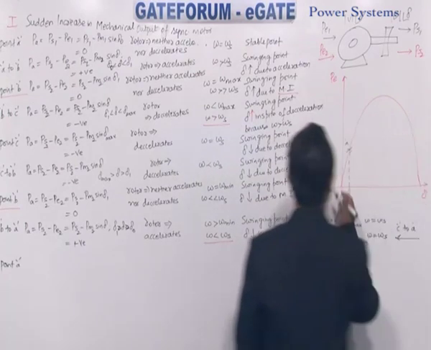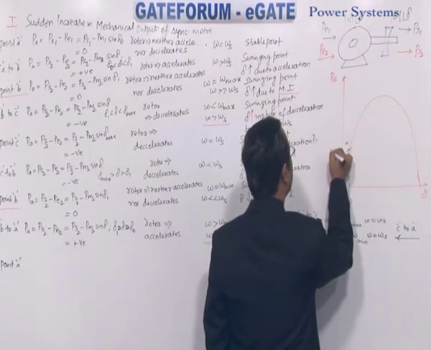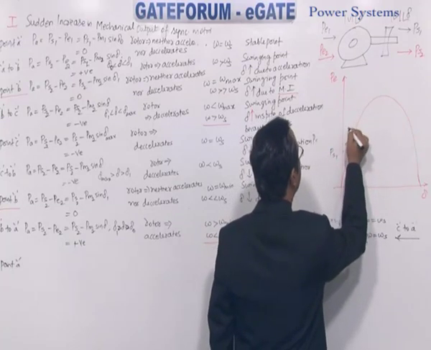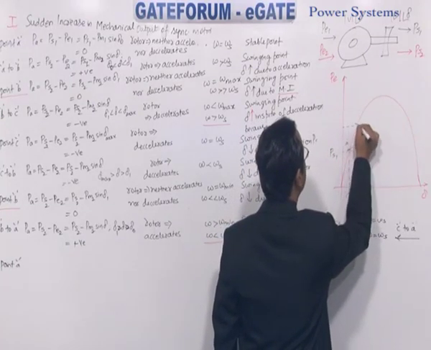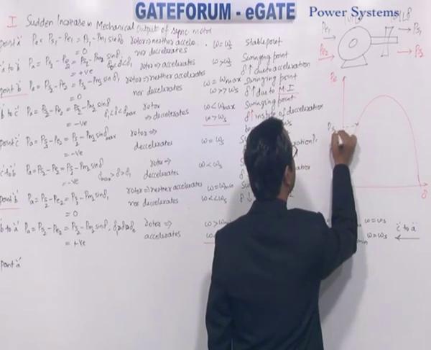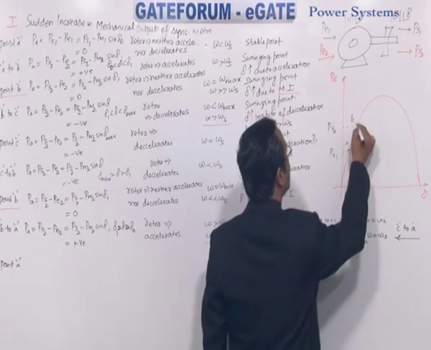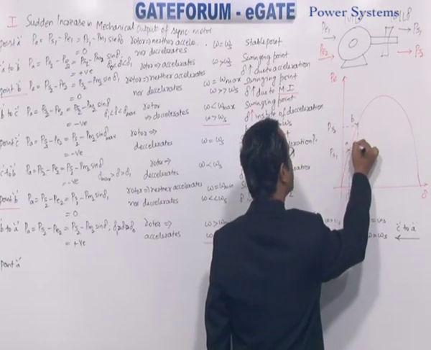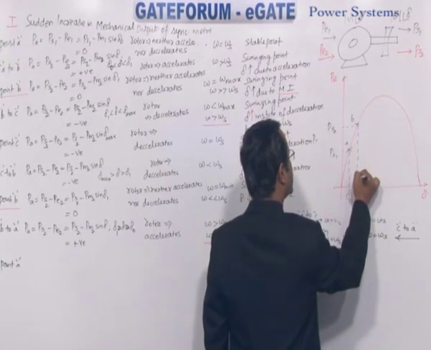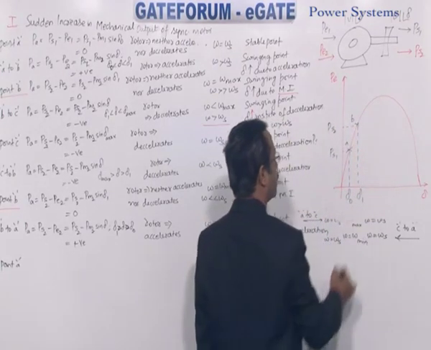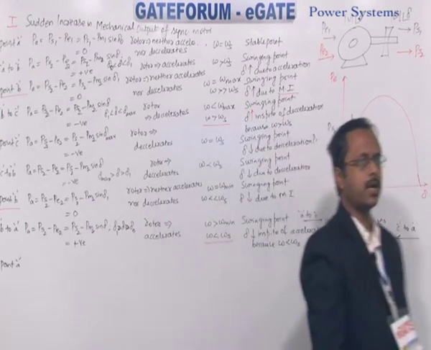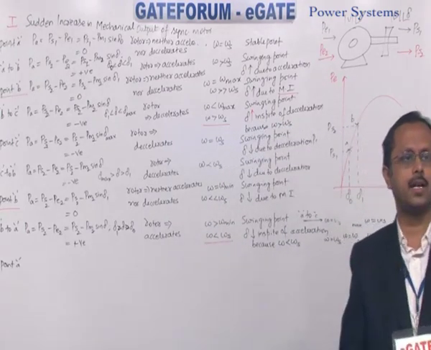Now we have the mechanical output PS1. This mechanical output is increased to PS2. Say the corresponding operating point is B, and at this B the corresponding load angle is delta 1.